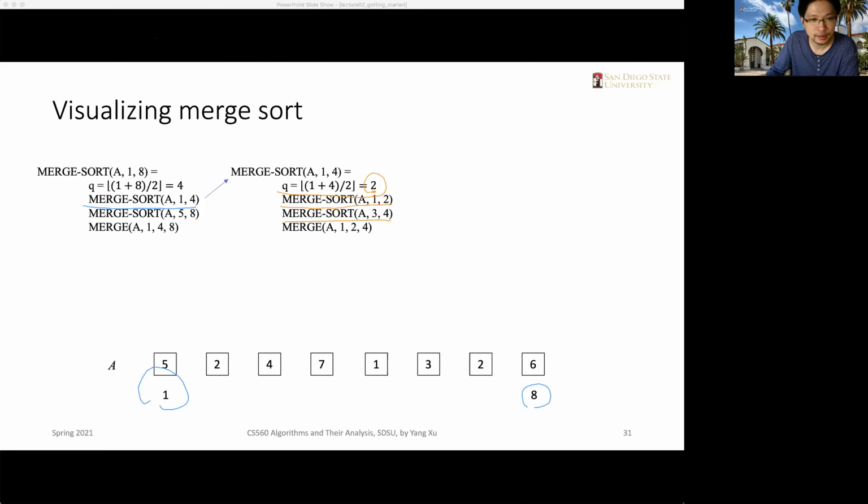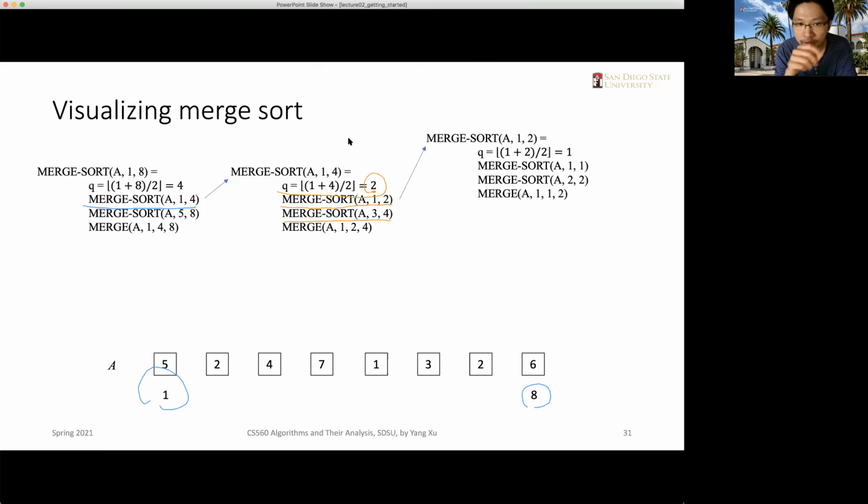So let's go deeper. This deeper call of merge sort again computes a new midpoint, which is 1, between 1 and 2. There are 2 more recursive calls, the first on 1, 1 and the second on 2, 2.